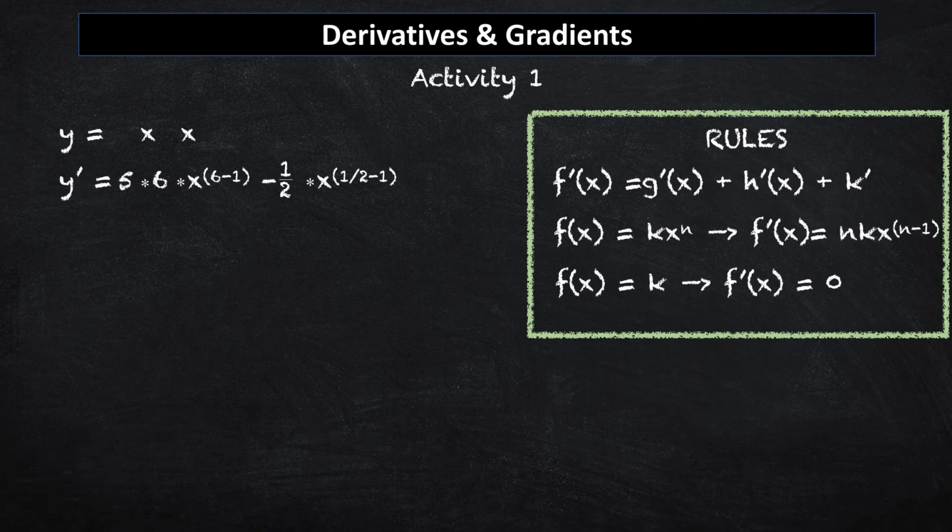And if we do all the calculations, we find that this is equal to 30x to the power of 5 minus 1/2 x to the power of minus 1/2. And the minus 1/2 in the last exponent is because 1/2 minus 1 is equal to minus 1/2. And this is the final derivative of the function y.